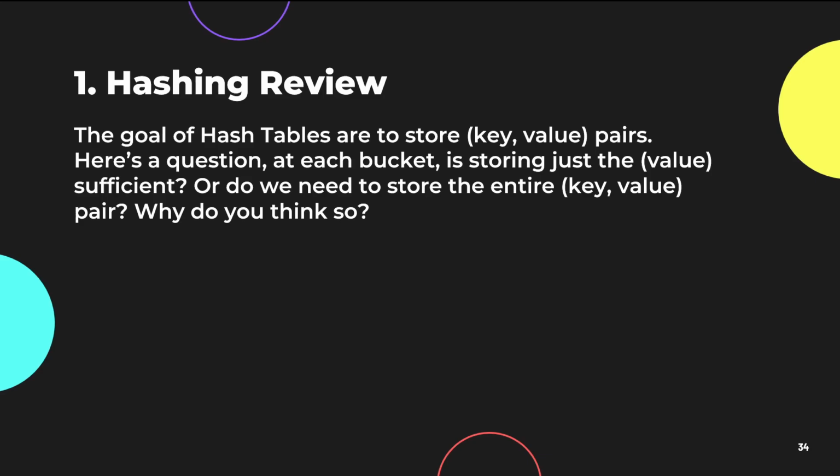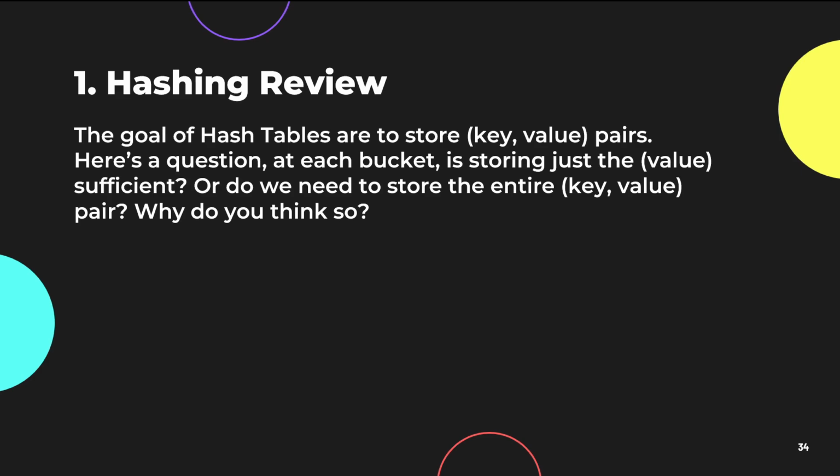Makes sense? So we just store the values, because why do you need to store the key again if it's already in the index, right? Yeah, same reasoning, because the key is already the index, so why do you need to store it again?